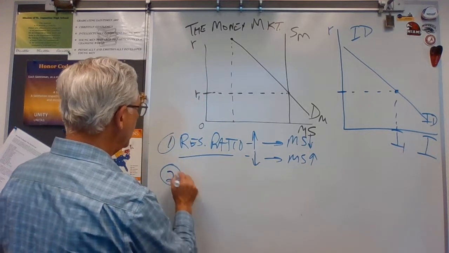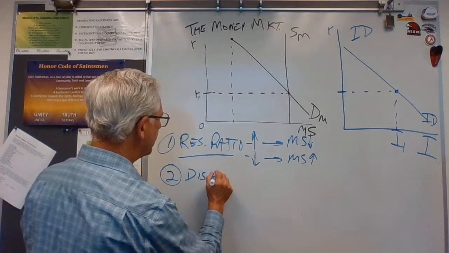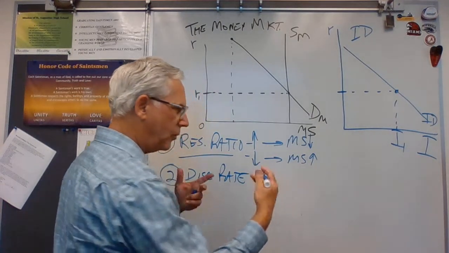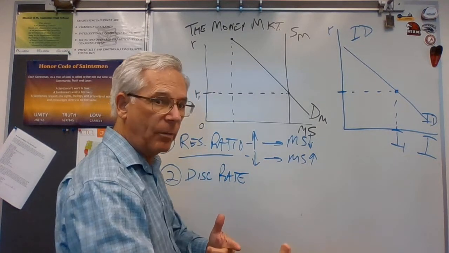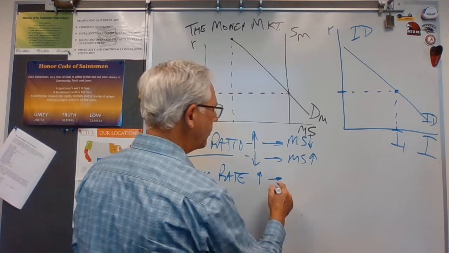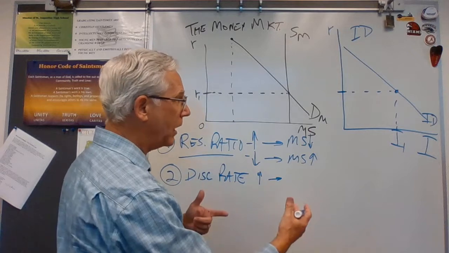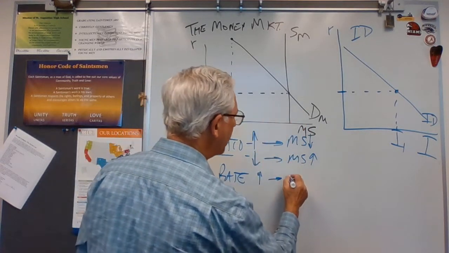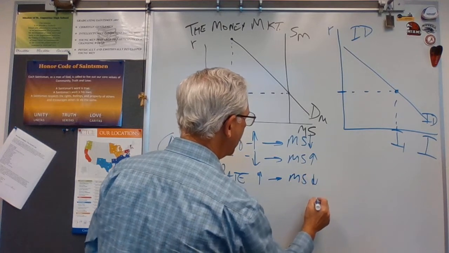The second tool was the discount rate. And that's the rate that the Fed charges banks to borrow money from it. If the Fed raises the discount rate, banks will borrow less money from it. That means they have less in excess reserves, and it causes the money supply to shrink, money supply down.